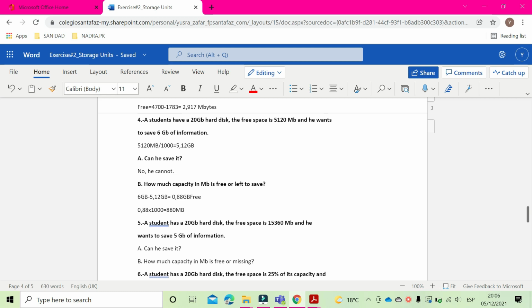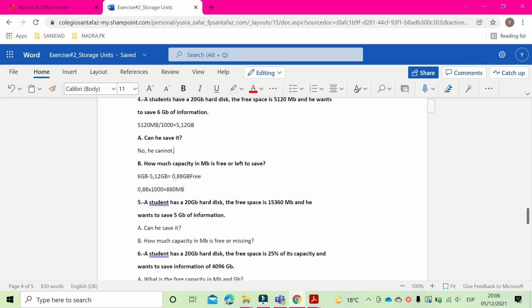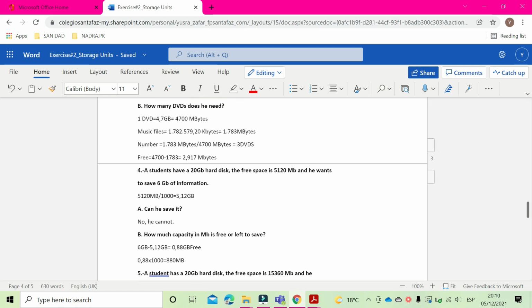They have 0.88 GB free, and now we are going to multiply by 1000 and they have 880 MB. It means 880 MB is the left capacity.